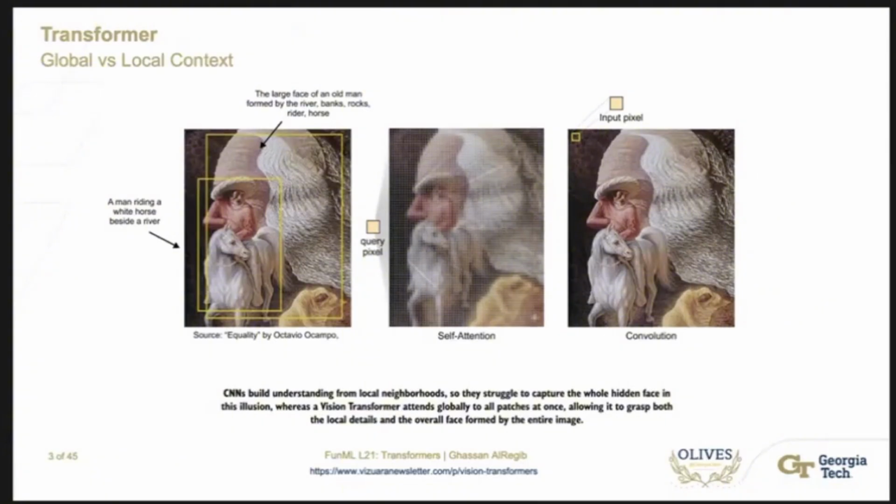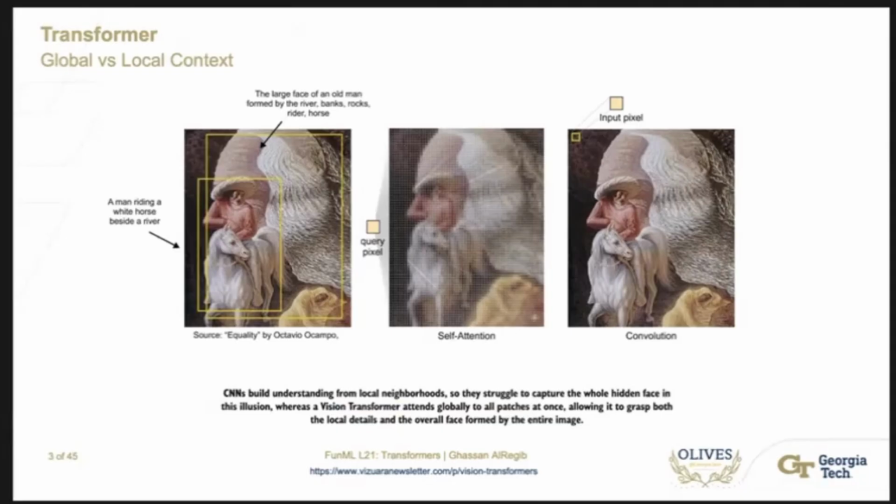If you look at this image from a higher level lens, you'll see an old man with white hair and a white beard. However, if you look at it from a lower level lens, you'll see there is a man who's riding a horse and a woman who's sleeping at the bottom. So in neural networks, we basically pass the image through a number of filters of size 3 by 3 or 5 by 5.